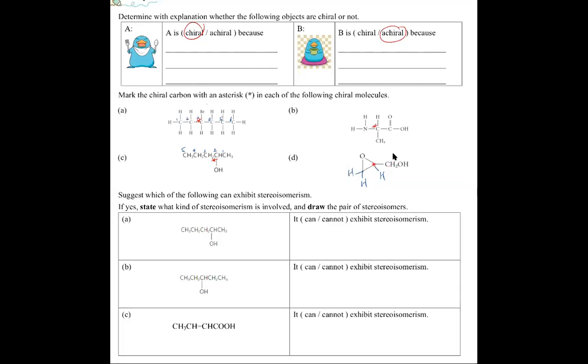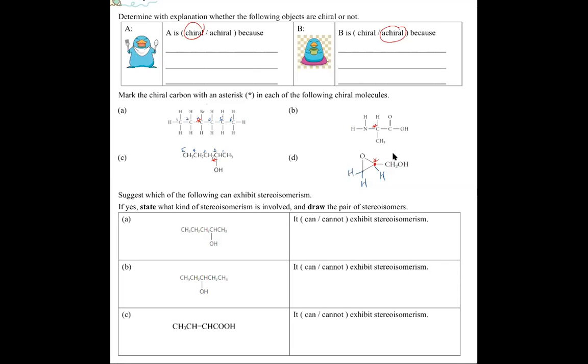Okay, for this one, you can take a look. It is bonded to hydrogen, also bonded to a carbon with 2 hydrogens, and bonded to an oxygen. Yeah, so 4 different atoms and groups of atoms. So this carbon should be the chiral carbon, this one.